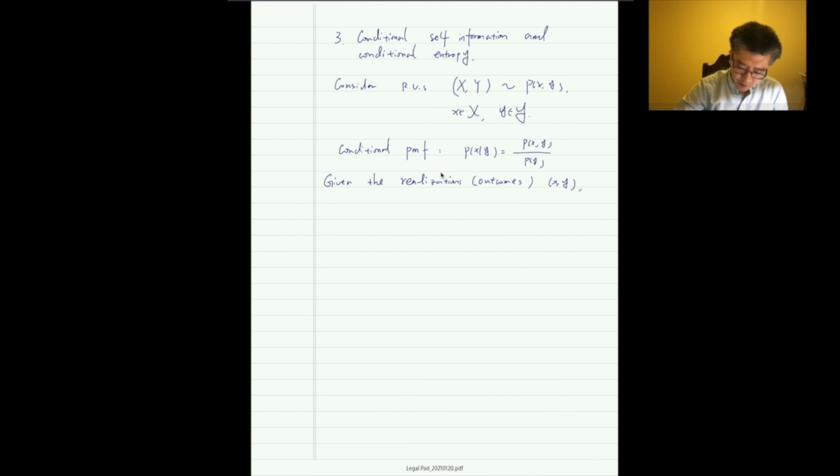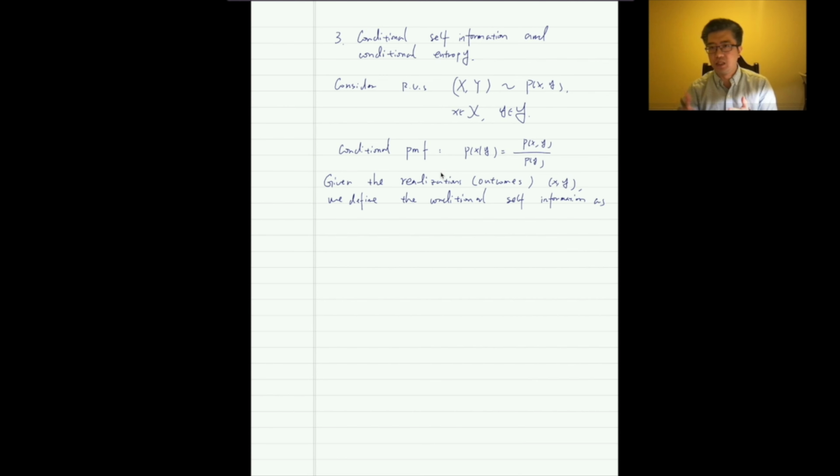Then we can define the conditional self-information. This means that if we have an observation of y, what is the uncertainty of x?